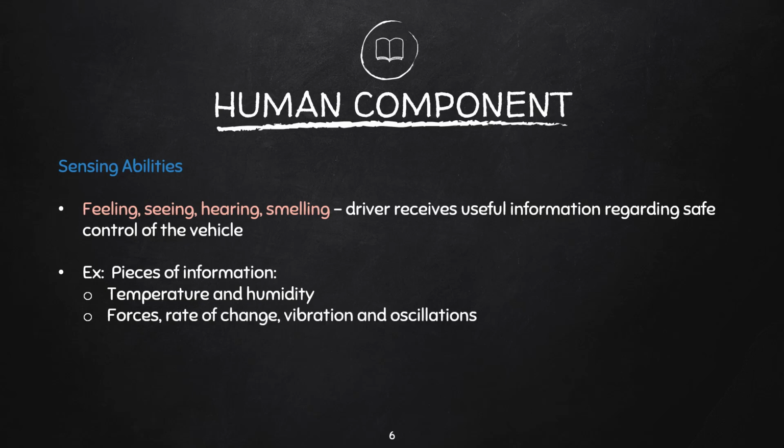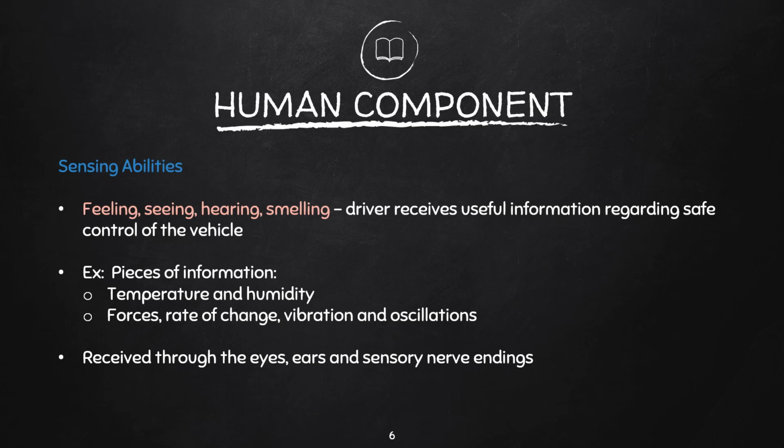Forces, rate of change, vibration, and oscillations of the engine, for example, are received through the eyes, ears, and sensory nerve endings. Since these are sensing abilities, we will of course be using our sensory nerve endings and our different types of senses.